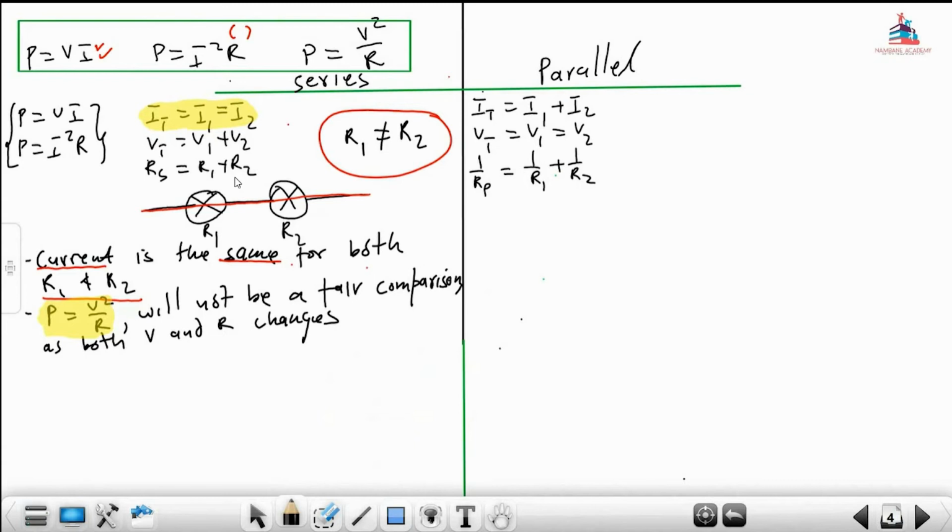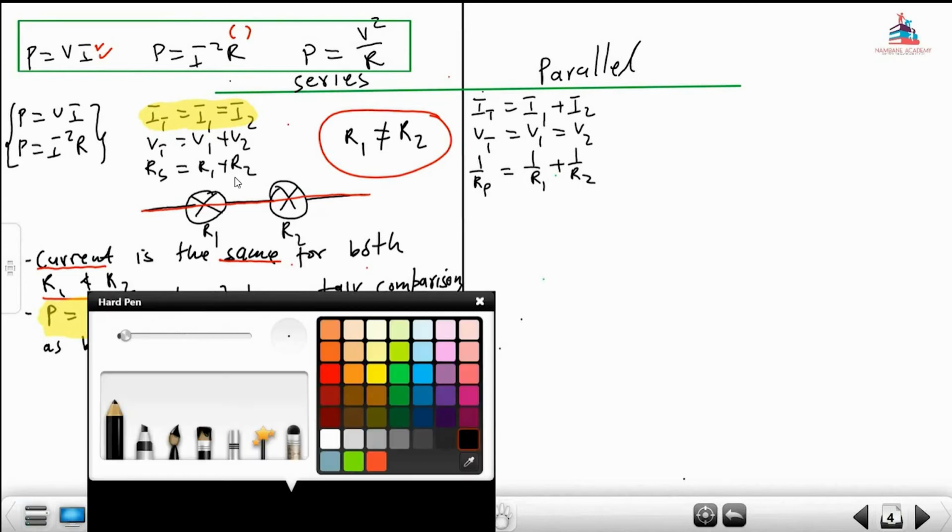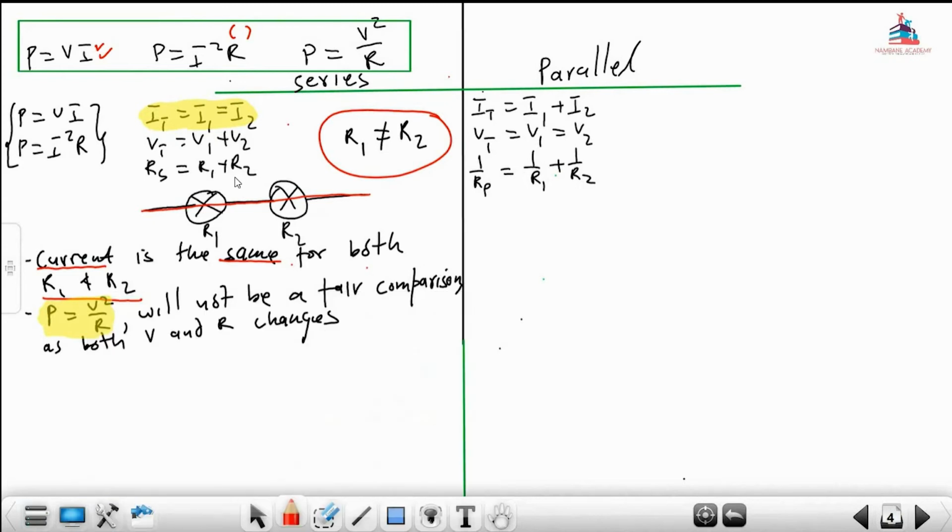But how does that tell me in terms of the brightness of these specific bulbs?